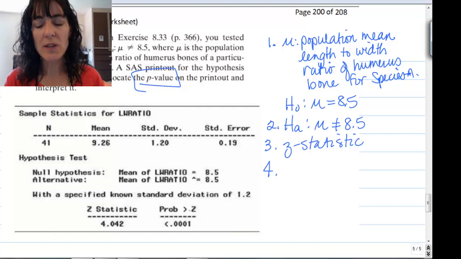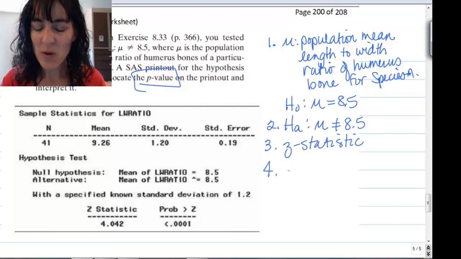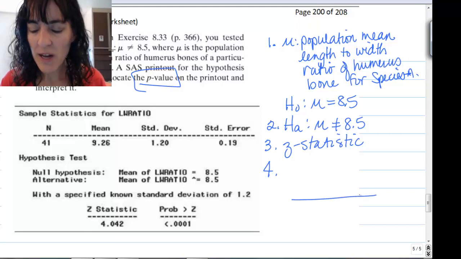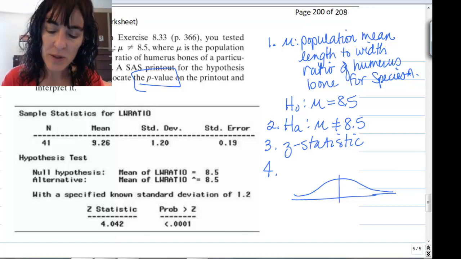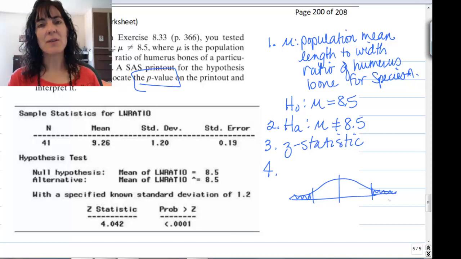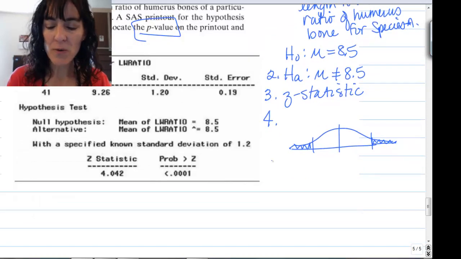So I want to go through this anyway. And so for this one, I'm thinking it's a not equal, so it's going to be two-tailed, and we'll have some rejection region that looks something like that, and we don't know what our alpha is. But that's all we know for that. And then step 5, assumptions.